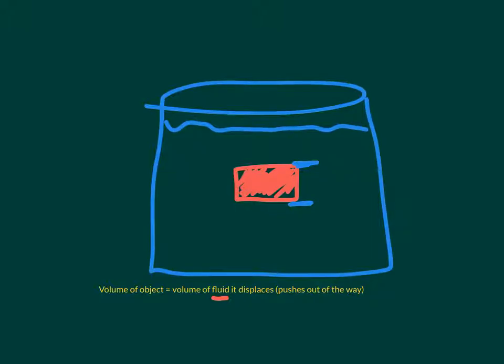So a fluid is any substance that will flow: gasoline, water, air, helium, whatever the surrounding fluid is. So now we know that the volume of the object is the same as the volume of the fluid that is displaced.